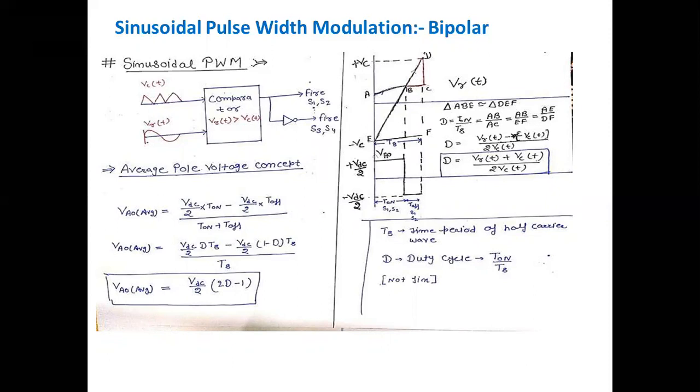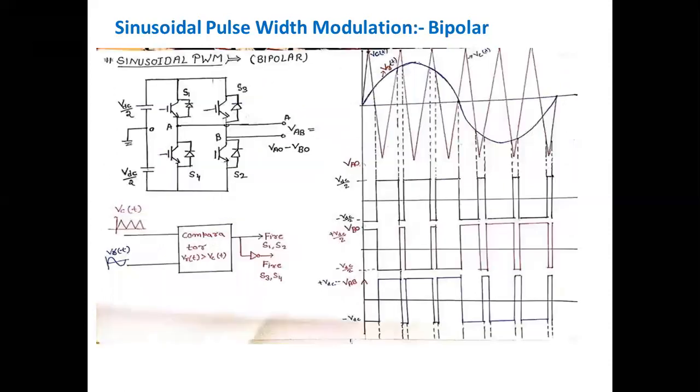So when we consider the small part of AC, this will behave like a linear line. Okay, I consider this a linear line, not a sinusoidal type, because if you consider a small part, it behaves as a simple straight line.